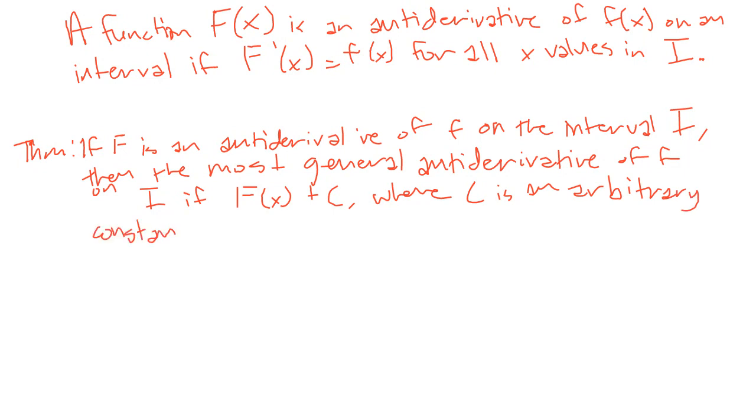So let's think about what this is saying. If we're trying to take the antiderivative of a function, we have an issue. Because let's say we have three functions: x squared minus 1, x squared, and x squared plus 1.